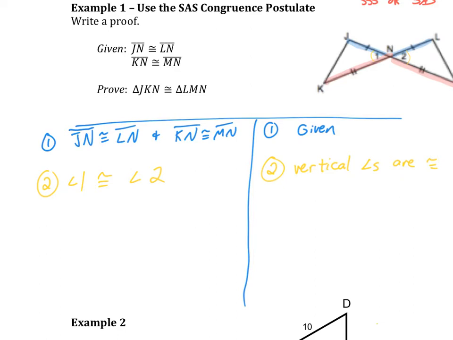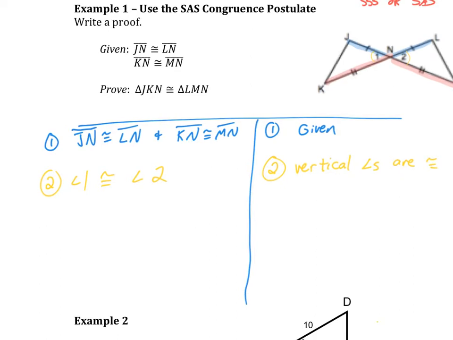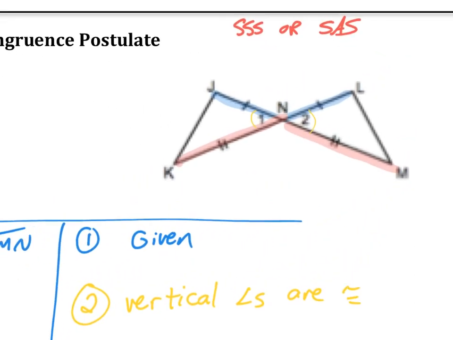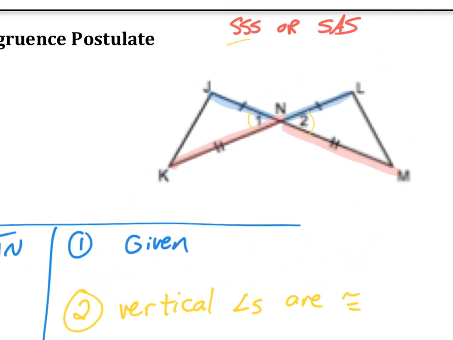But now if you look at the picture, do we have enough information to say that the two triangles are congruent? Do we have side, side, side, or side, angle, side? Do we have two sides in one triangle congruent to two sides in another, and then the angle in between them is congruent? Yeah.